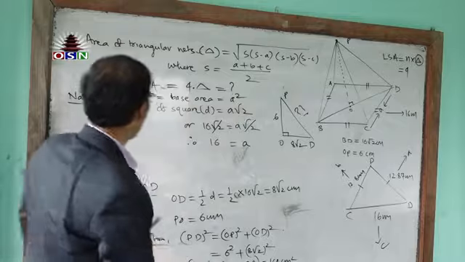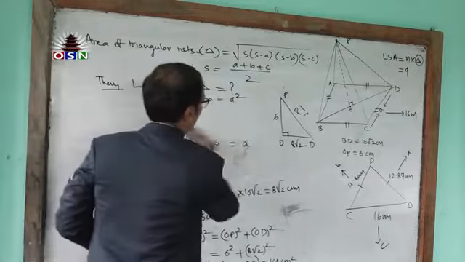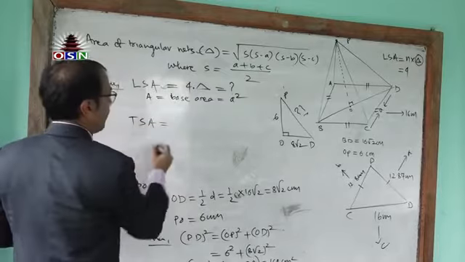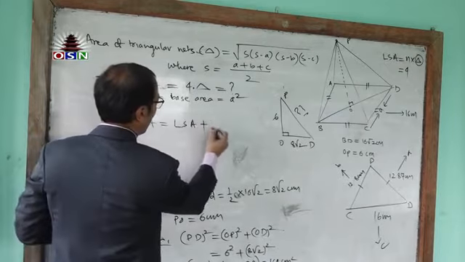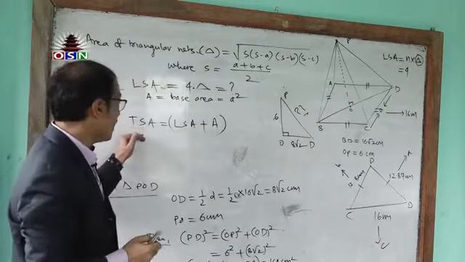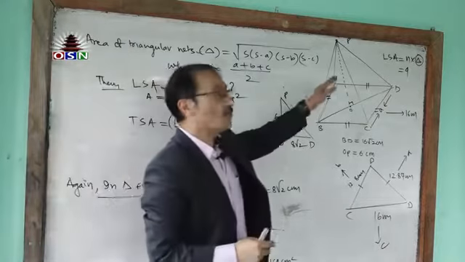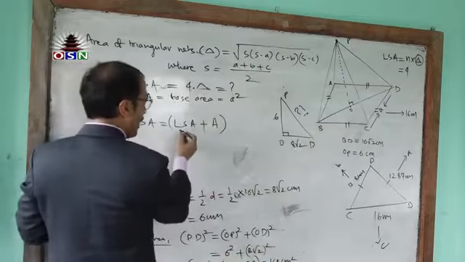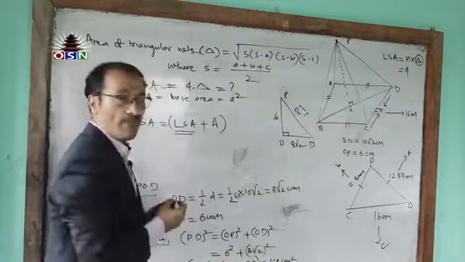And finally, to find the total surface area, lateral surface area plus base area, then you will find the total surface area. This is the concept, because whenever we have to find total surface area, we add lateral surface area and base area.